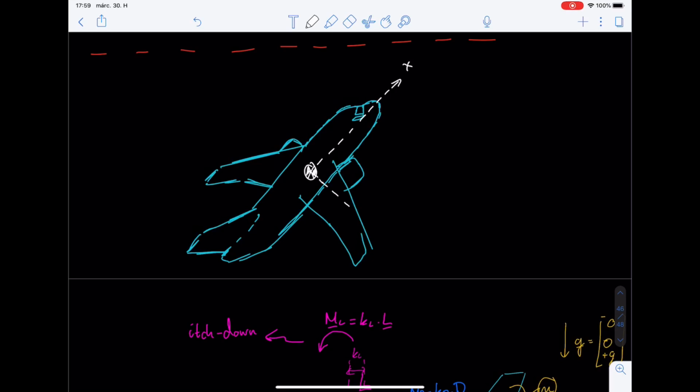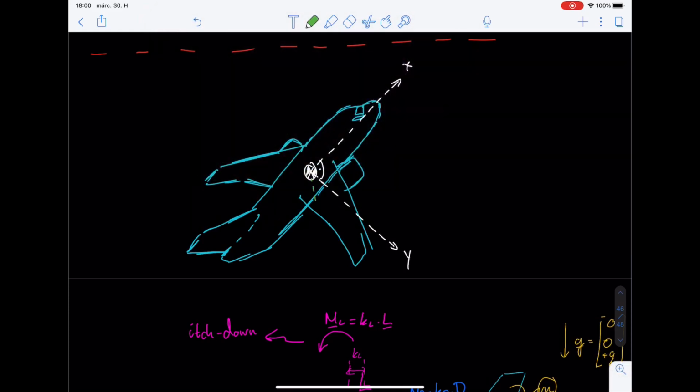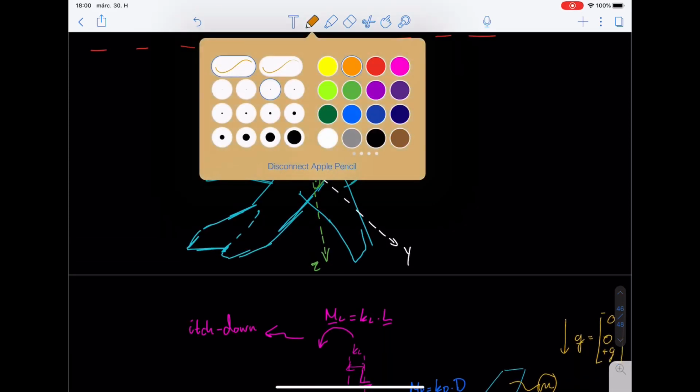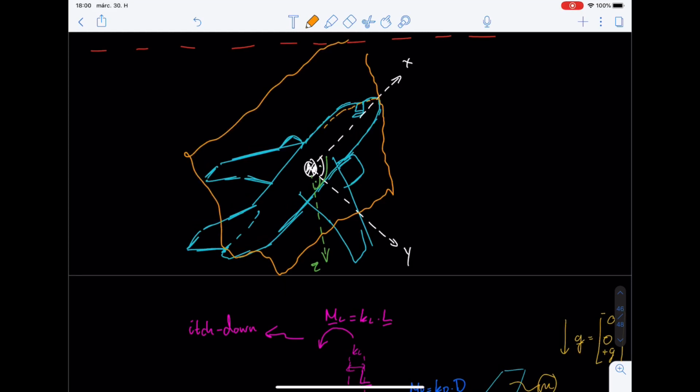So at right angles to that, you would have the y-axis. So this would be perpendicular with this one, and the third one would be pointed towards the belly of the aircraft, which is perpendicular with this one. So this would be the z-axis, and it's also perpendicular with the x-axis, right? And right now we're talking about the xz plane, right? So we cut the aircraft in this plane right here, the xz plane.